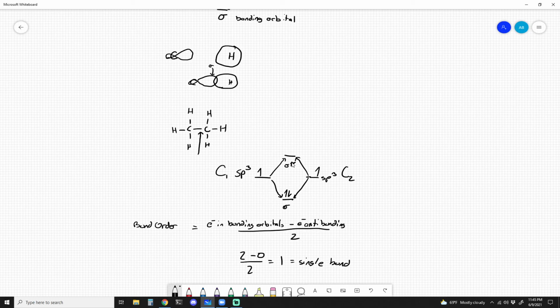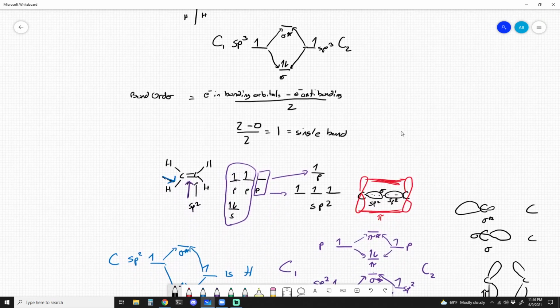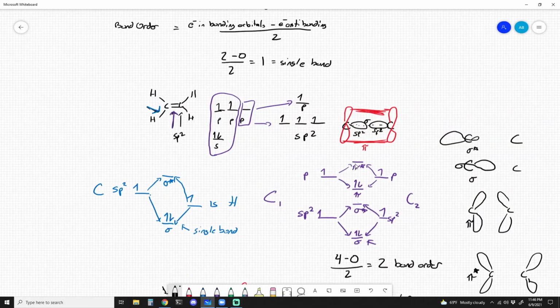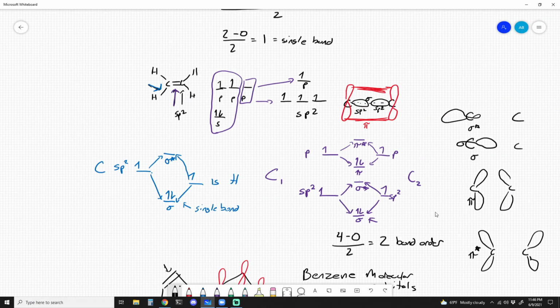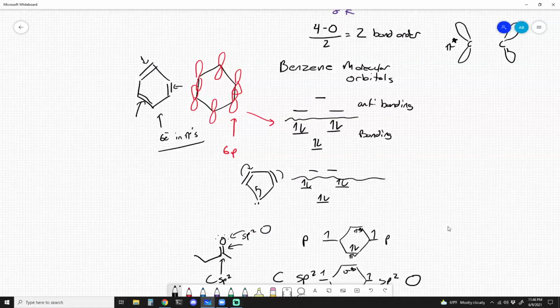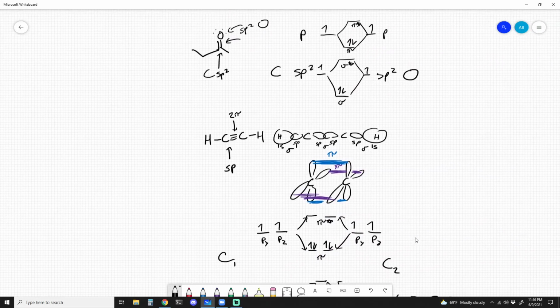There's nothing that we have gotten to yet this semester or even next semester where we're going to fill in the anti-bonding orbital. So basically we're just going to combine orbitals from 2 different atoms to make a bonding and anti-bonding, whether it's pi or sigma. It just kind of depends on if it's a single, double, or triple bond. And the more bonds there are, the more we just incorporate pi orbitals instead of sigma.